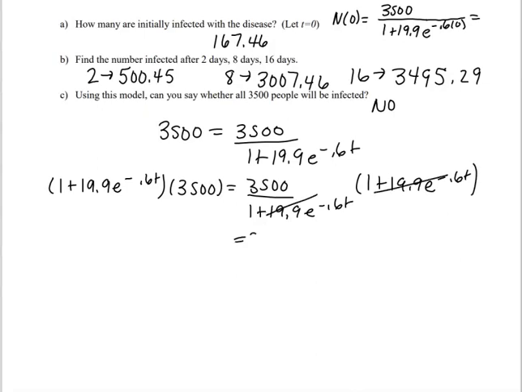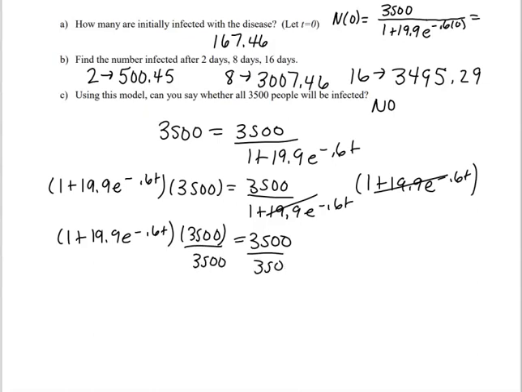So I just really have 3,500 is equal to 1 plus 19.9 e to the negative 0.6 t times 3,500. Well, when we divide both sides now by 3,500, because we're just trying to get that t to move down to the front, so we're trying to isolate that.